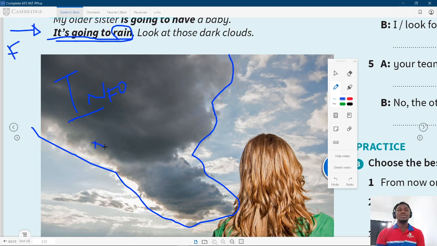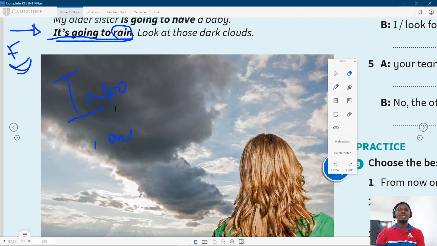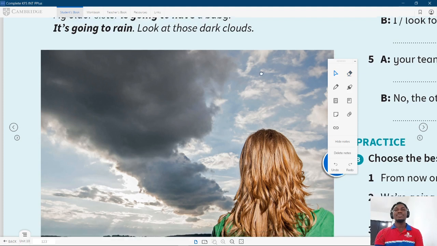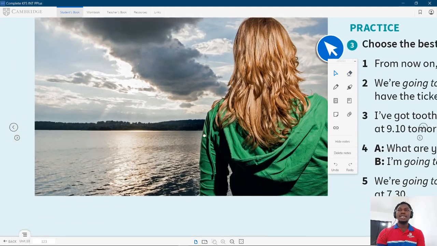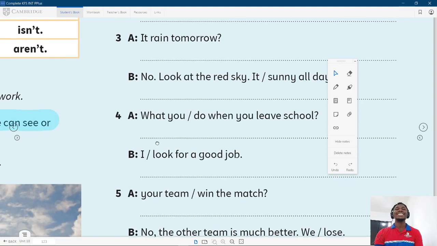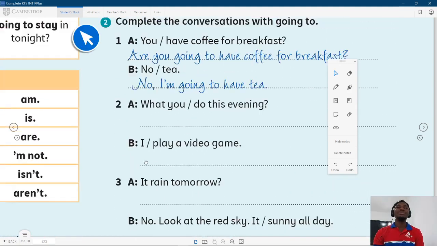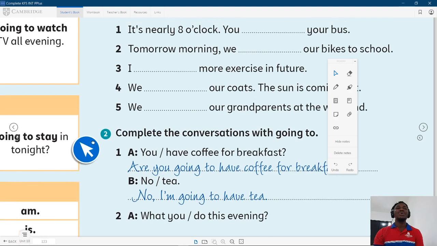So if I have information now, I can predict the future. Now it is cloudy, so it is going to rain. Very good, guys. So let's continue with some examples just to practice what we just studied, okay?